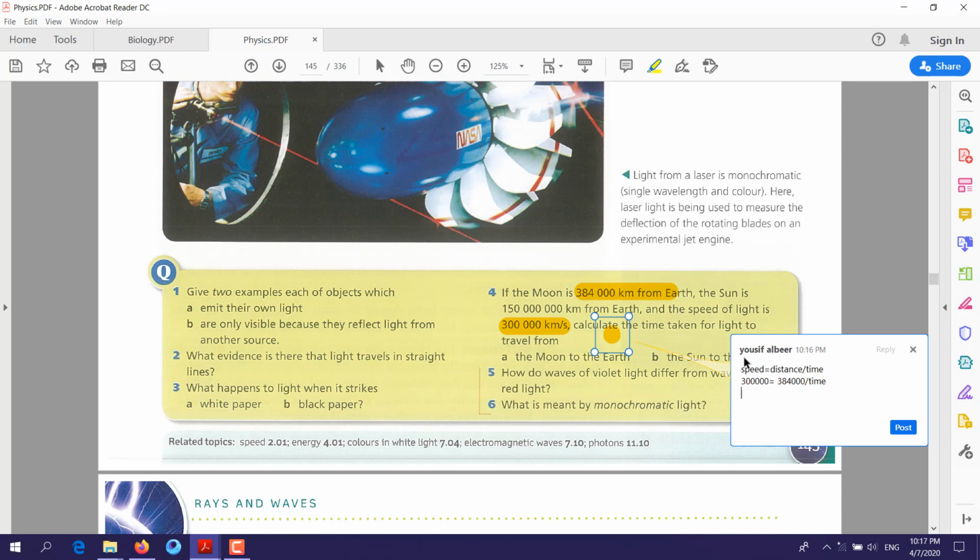Now time is equal to 384,000 over 300,000. When we divide these two numbers, we get 1.28 seconds. So this is the answer for question number 4A.